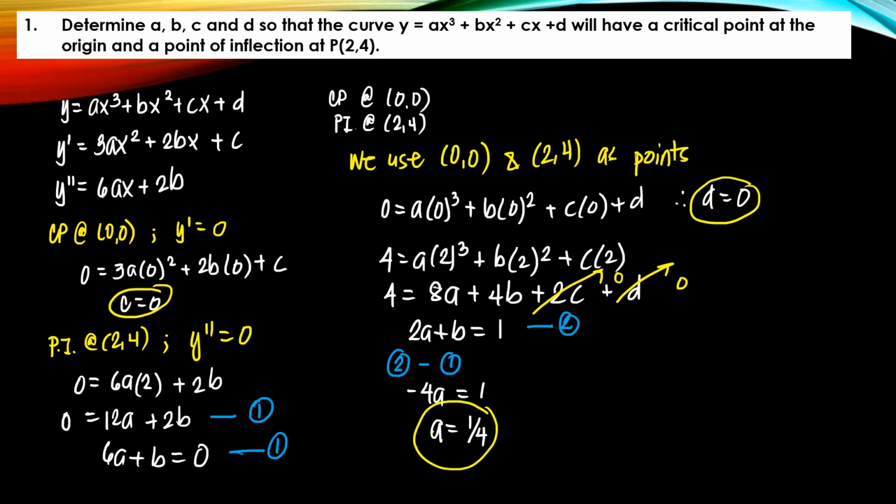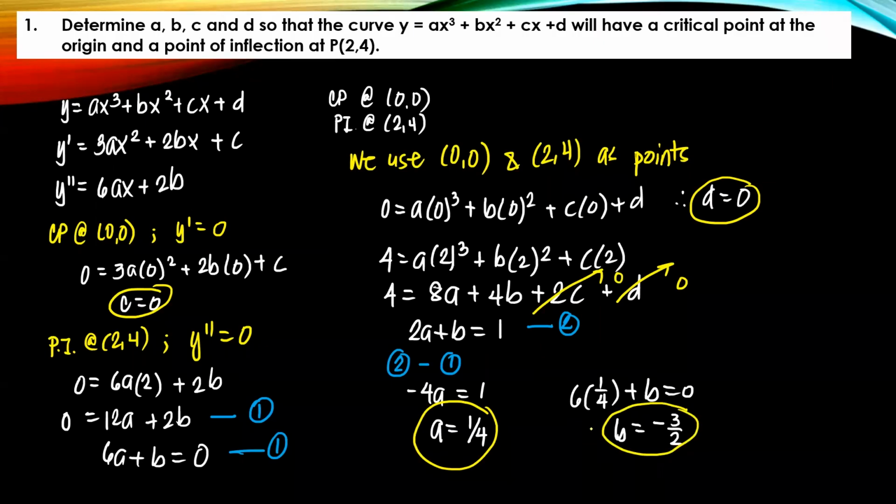So let's plug in a in those terms that contain c and d to get b. Here. 6a plus b is equal to 0. b is what, guys? Negative. Am I correct? Negative 3/2.